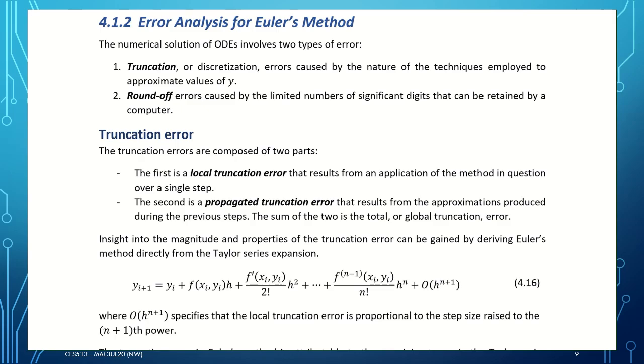The first is the local truncation error that results from application of the method over a single step. The second is the propagated truncation error that results from the approximations produced during the previous steps. So the sum of the two is the total or global truncation error.